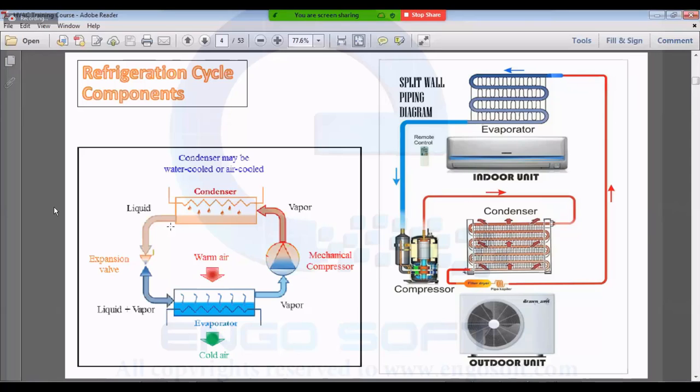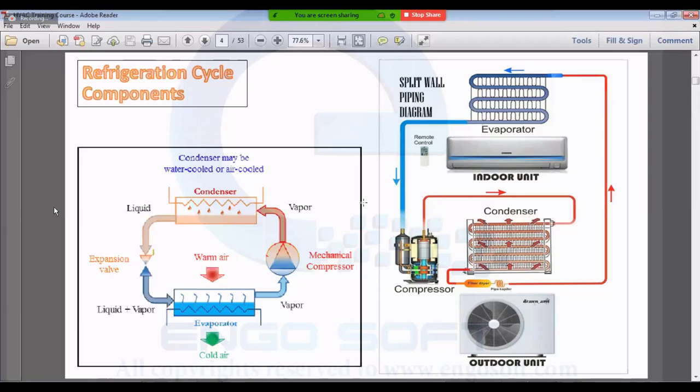Yes, and the function of the condenser is to reject heat to the outside area. Excellent. And the function of the expansion valve is to make sure that the hot liquid gets cooled. Okay, excellent.